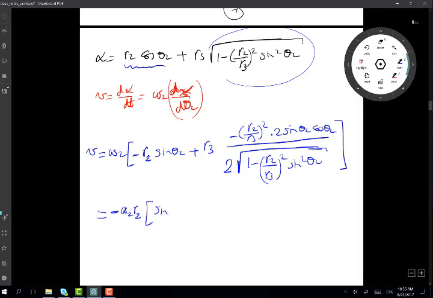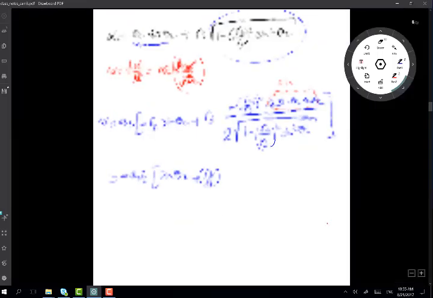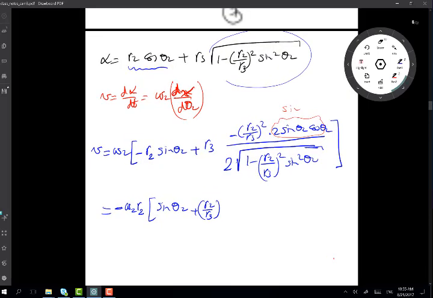Inside here, I have sine theta 2, and then this will give me a plus r2 over r3 at this end. I can either leave those multiplied together if I want to, which is quite possible, or I can combine those together into sine 2 theta 2.